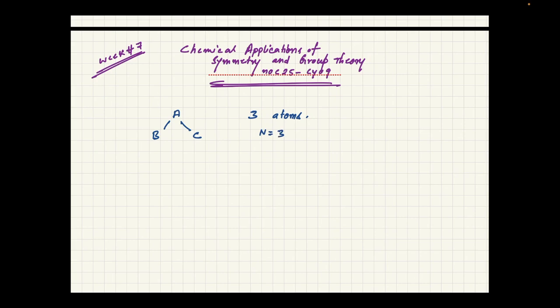For each atom there are 3 Cartesian coordinates, right? So for n atoms there will be 3n Cartesian coordinates.